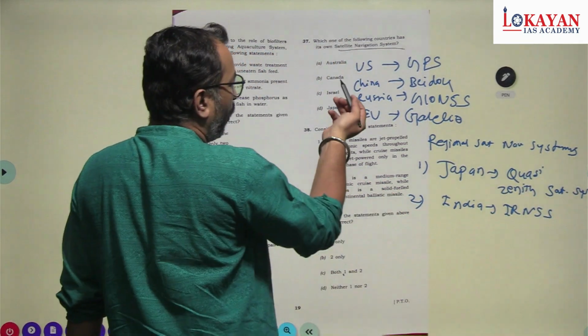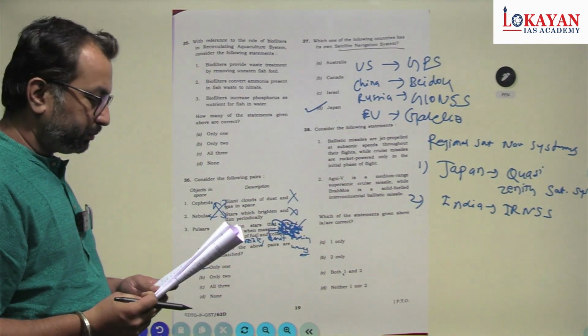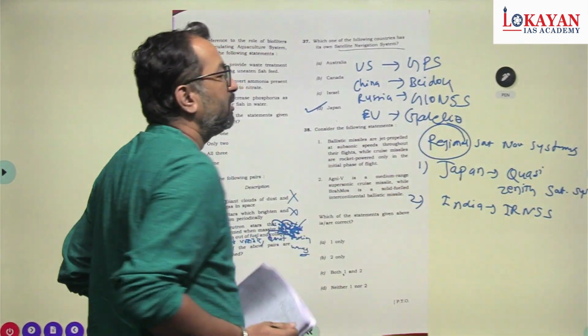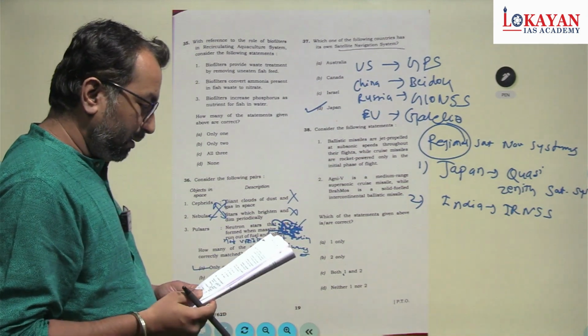Right? So in the options, India is not there, so the correct option will be Japan. Japan has its own regional satellite navigation system, that is QZSS or Quasi-Zenith Satellite System.